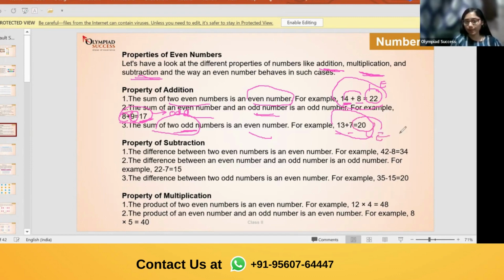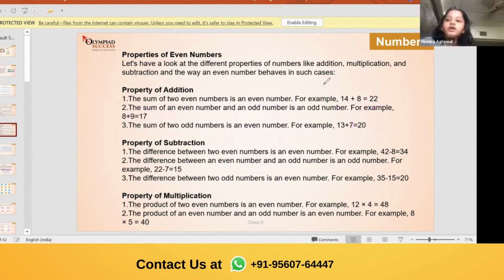Mishika? Yes, ma'am. Can you tell me if the sum of two odd numbers would be even or odd?